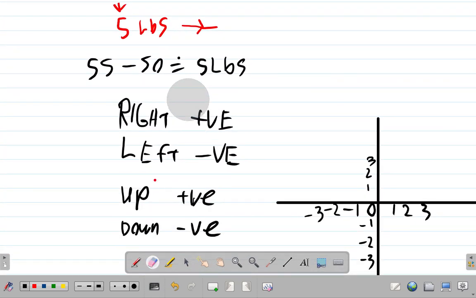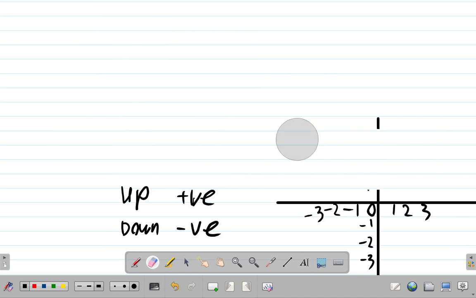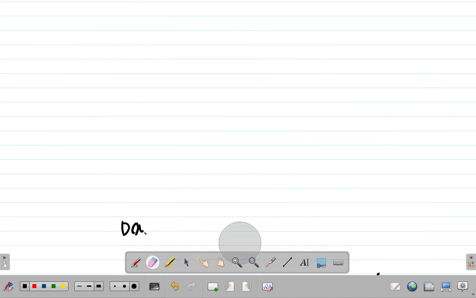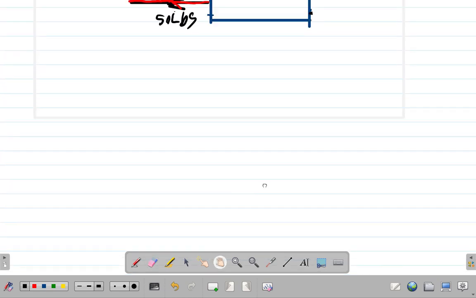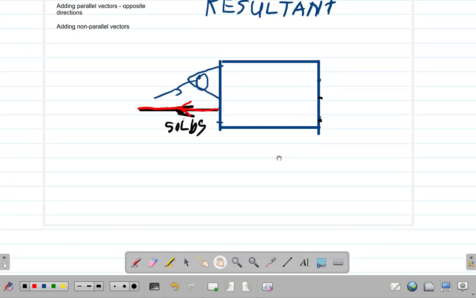Let us erase parts of our board. Then let us look at what happens in the next case.